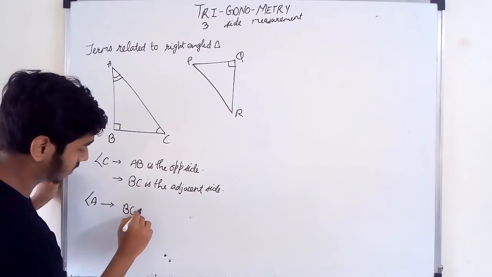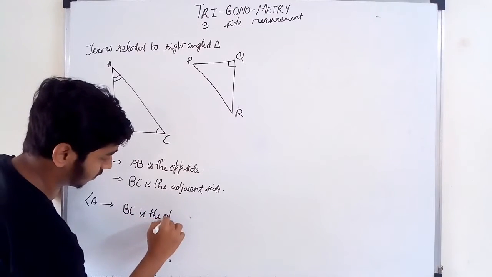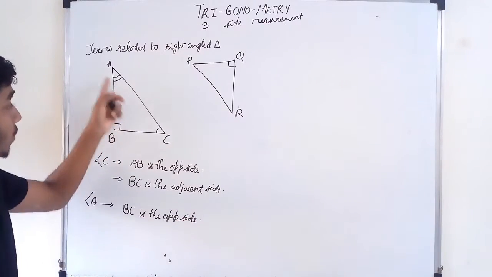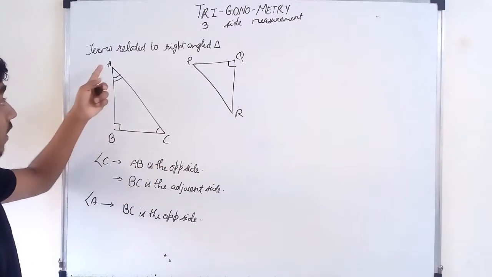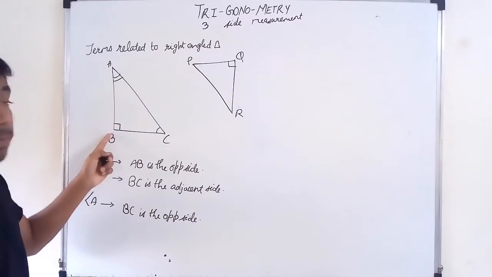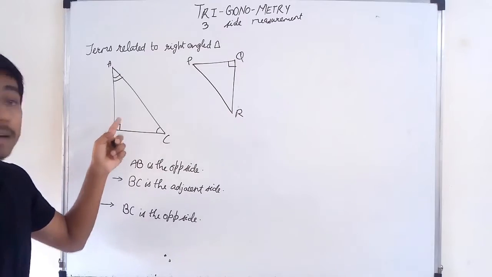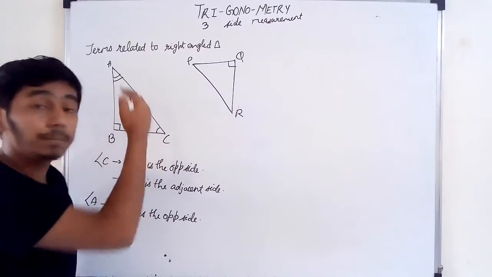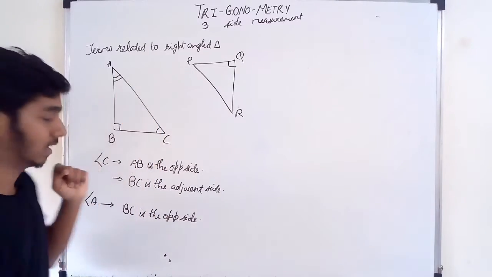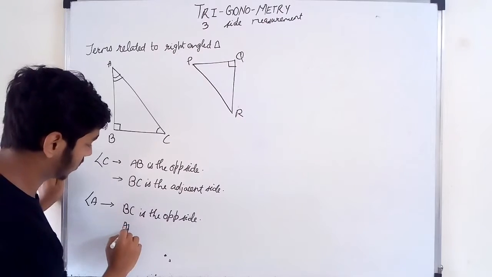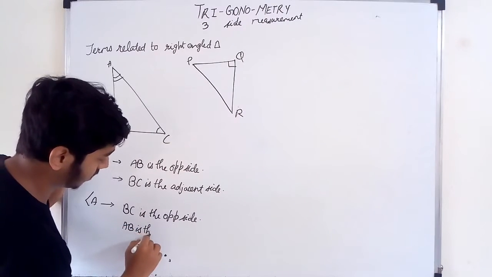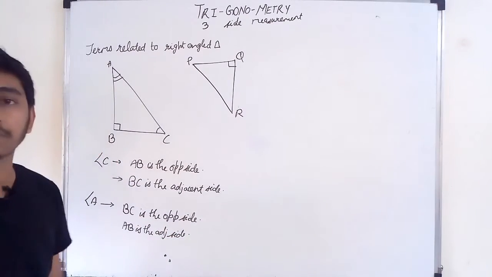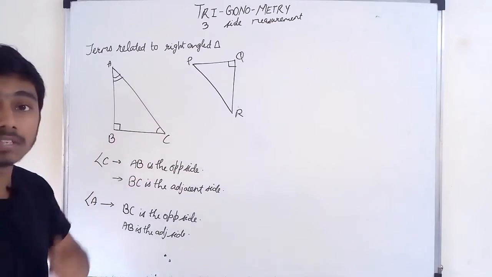Therefore, BC is the opposite side. And which one is the adjacent side? Can we say AC or AB? It will be AB. Why? Because AC is already the hypotenuse. Therefore, we'll say AB is the adjacent side. So I hope you have understood this for this triangle.